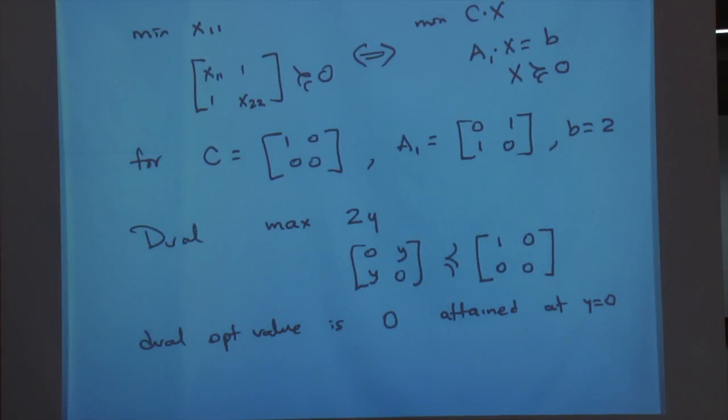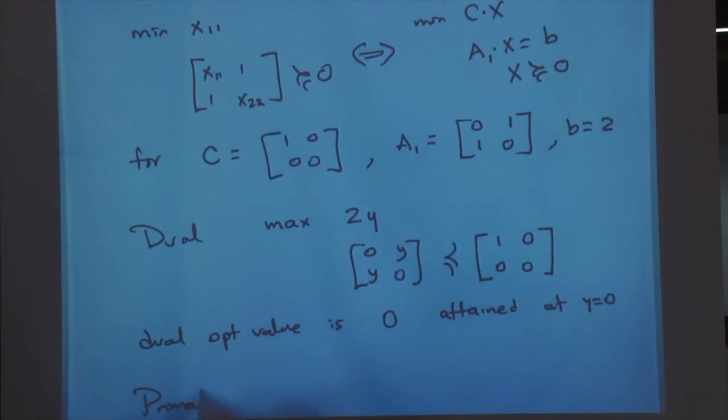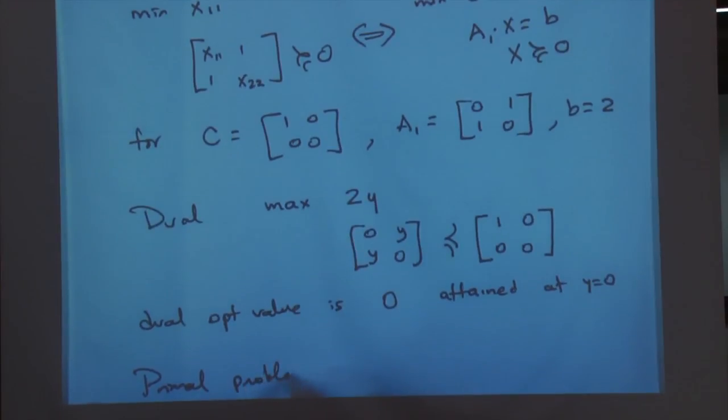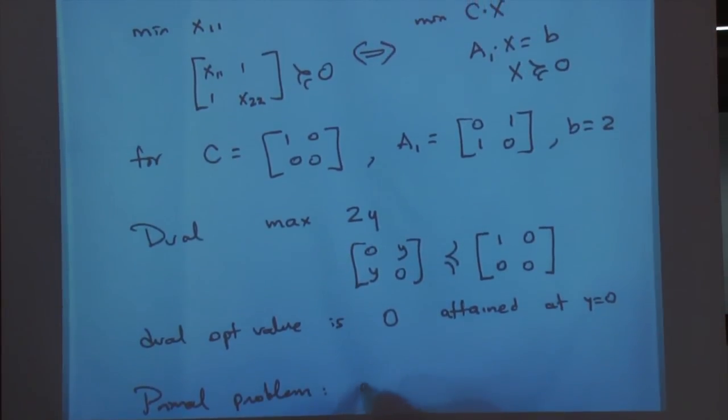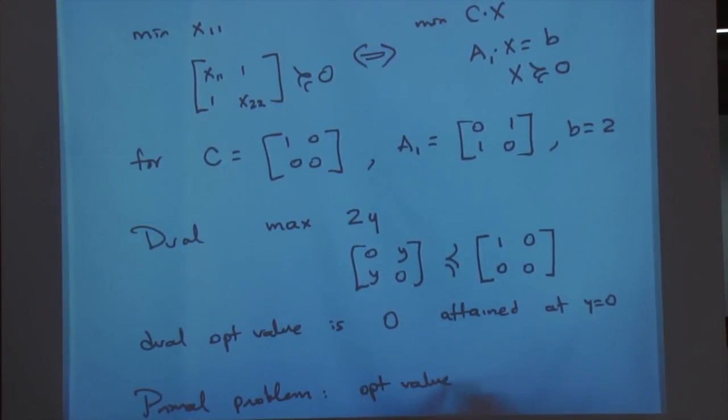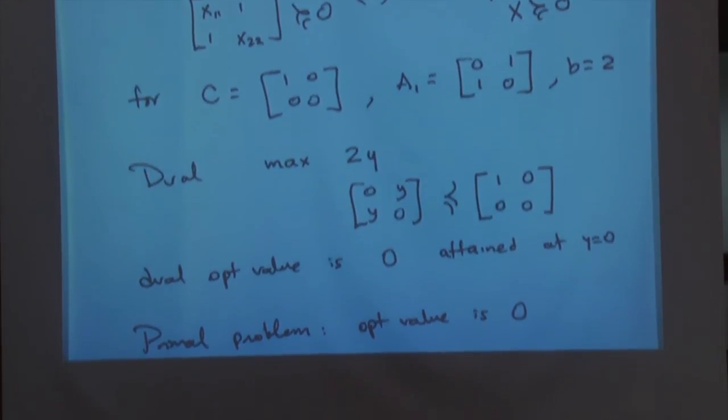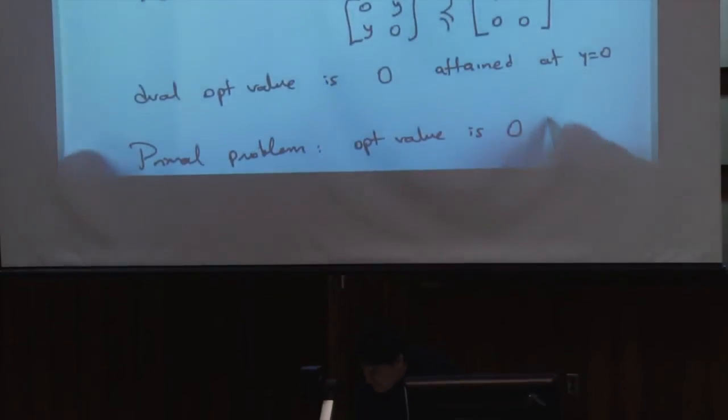So the primal problem's optimal value is 0, because we can pick x11 arbitrarily close to 0 and then pick x22 arbitrarily large so that it compensates, but it is not attained.